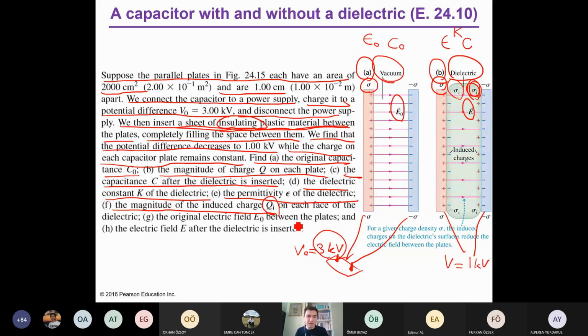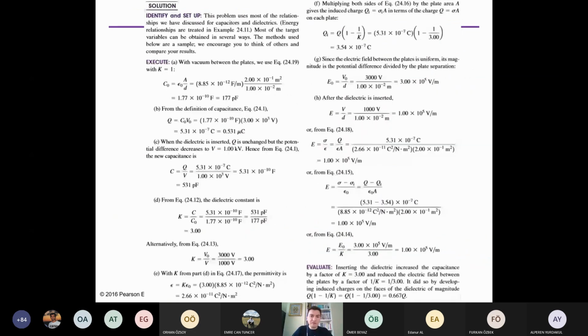The original electric field E0 between the plates, and the electric field E after the dielectric is inserted. Many questions, okay? But all of them are very easy to calculate because you have already learned every required piece of information to answer this question. Okay, let me start from the beginning.